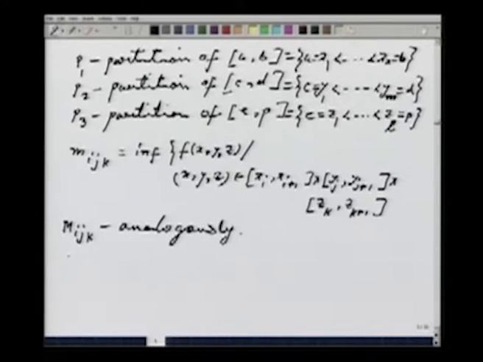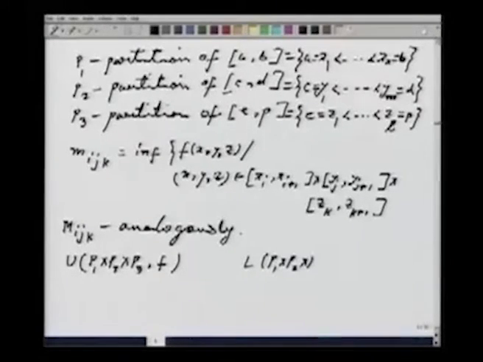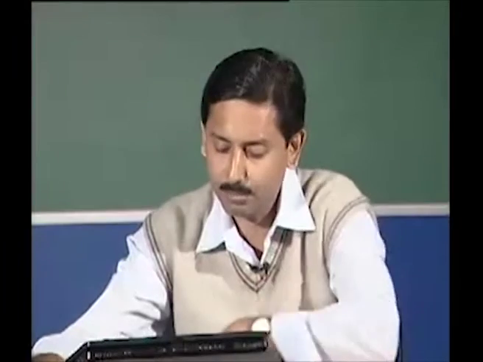Then you can construct U(P1 cross P2 cross P3, f). One can construct L(P1 cross P2 cross P3, f), just by looking at this supremum and infimum.